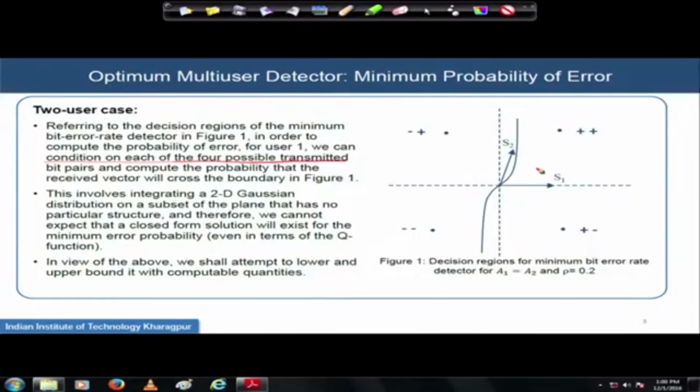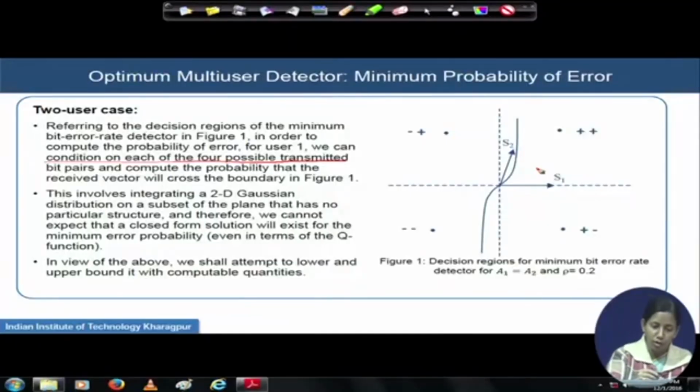But a better approach may be to find the lower and upper bounds of that expression, so that you can understand that the performance of such detectors will be bounded by this region. So, the error probability can never go beyond these levels, or be improved below this level.